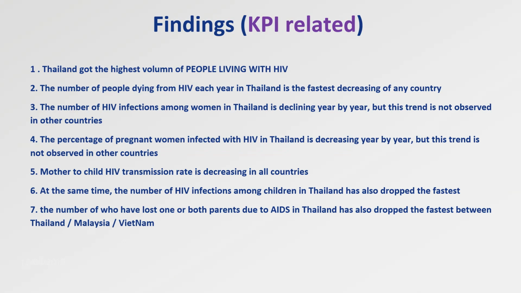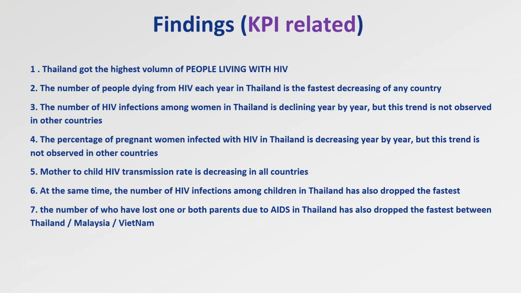The second one is that the number of people dying from HIV each year in Thailand is decreasing the fastest of any country. The third one is that the number of HIV infections among women in Thailand is declining year by year, but this trend is not observed in other countries.